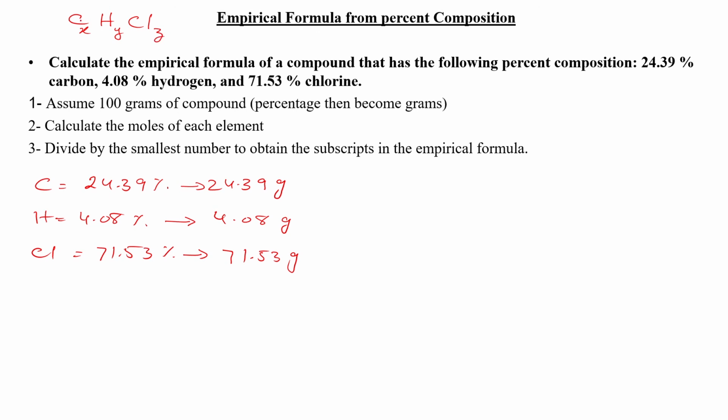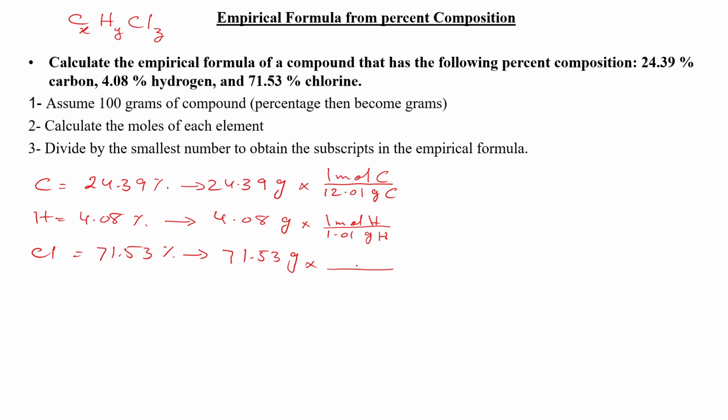To find moles of carbon, you have grams here, so you just simply have to convert these grams to moles of carbon. So 1 mole of carbon is 12.01 grams of carbon. For hydrogen, you're going to do that 1 mole of hydrogen is 1.01 grams of hydrogen.